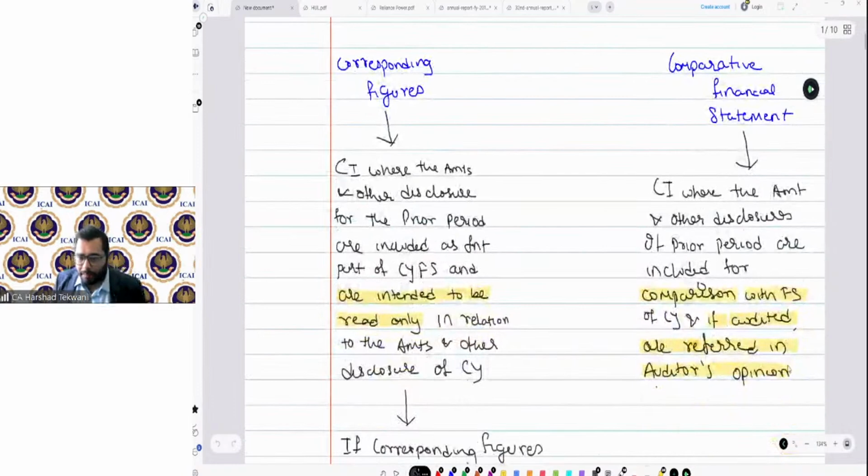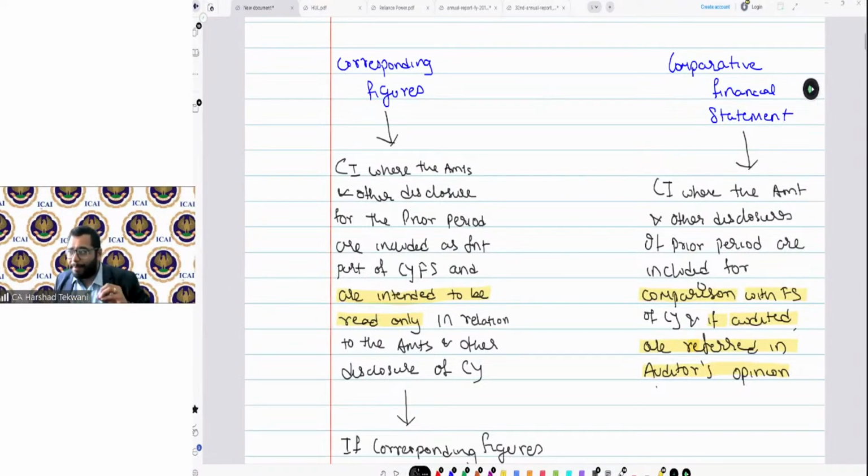They are separately referred to in the auditor's opinion. For comparative financial statements, my opinion refers to each period, not only the current year, but also the periods included in the comparison.